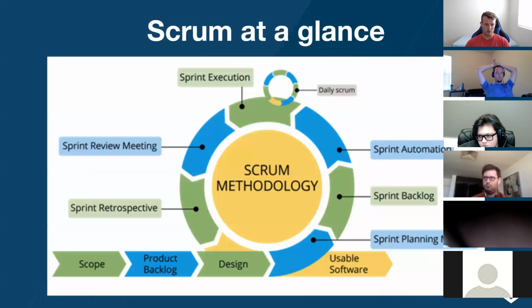Then there's a sprint retrospective, which usually is stakeholders looking at what was built and what's ready to go into production. And then you start again with your sprint planning meeting. So that is a sprint or Scrum cycle. And every 2 weeks, you kind of restart that whole cycle.